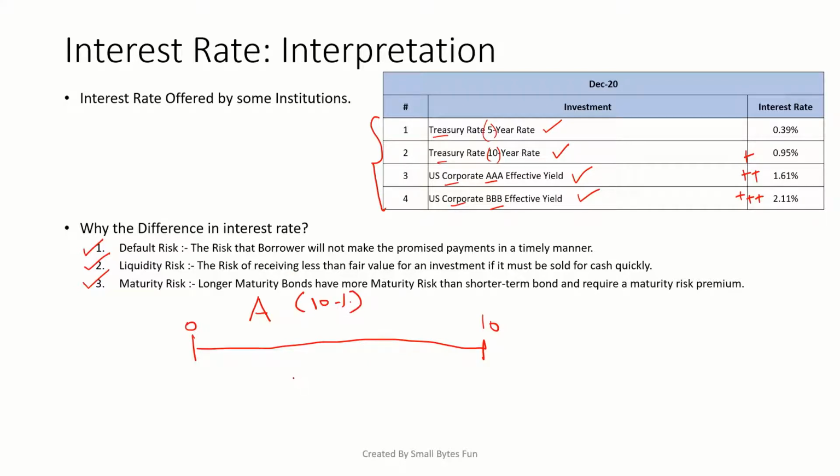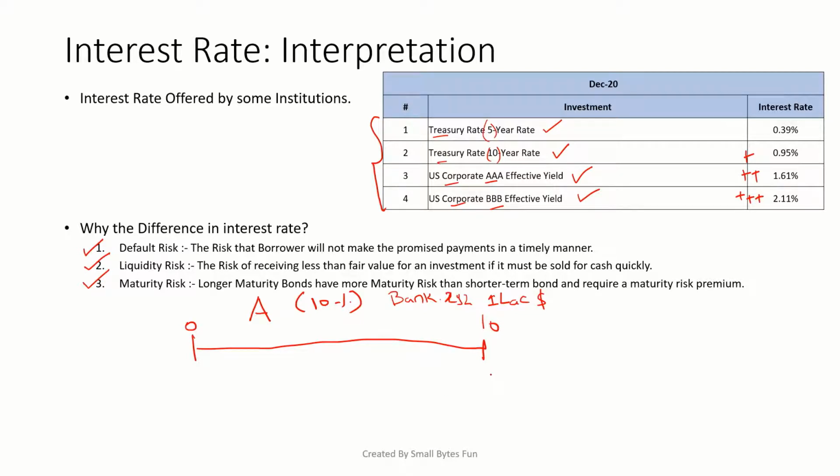Now let us understand default risk. What is default risk? Person A has kept this deposit with XYZ bank, which is our favorite bank. He goes on the 10th year and says, okay, give me my deposit back. Let's assume he has kept $1 lakh as deposit.